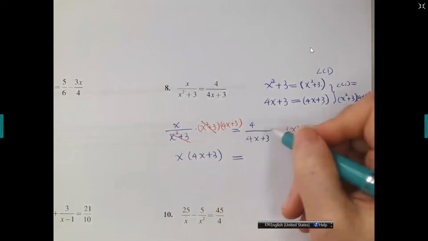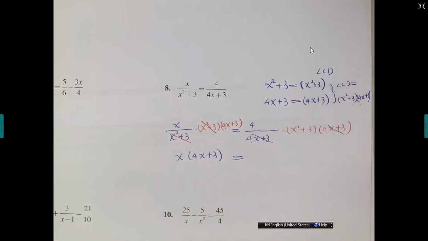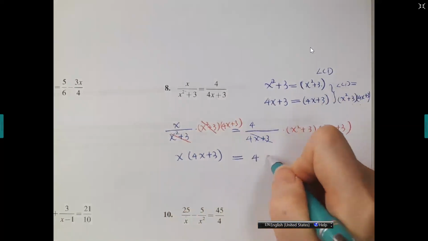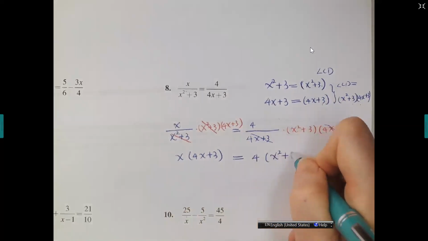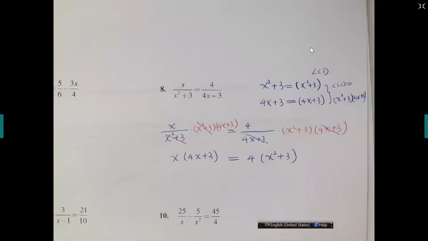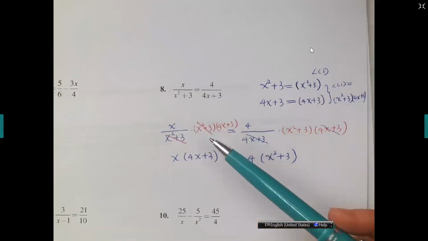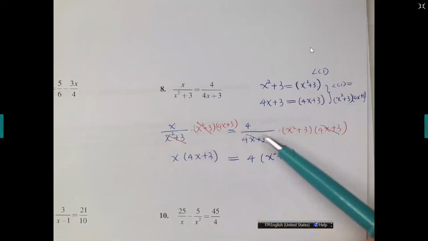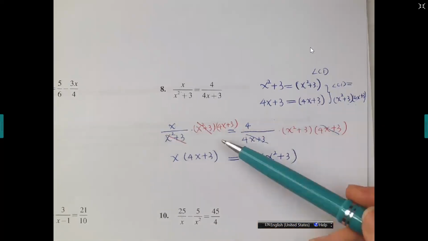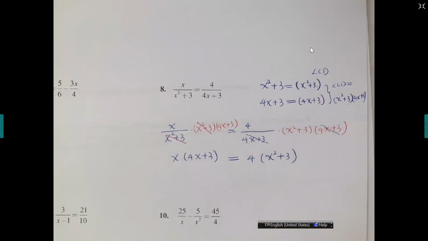Those two factors cancel each other. What is left? 4 times x squared plus 3. After I carry out the multiplication by the LCD, we found that all denominators now are gone. We have a regular equation.